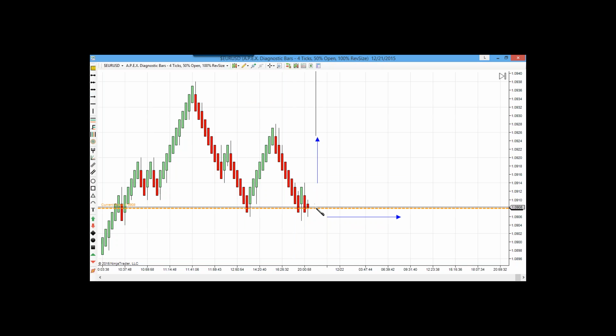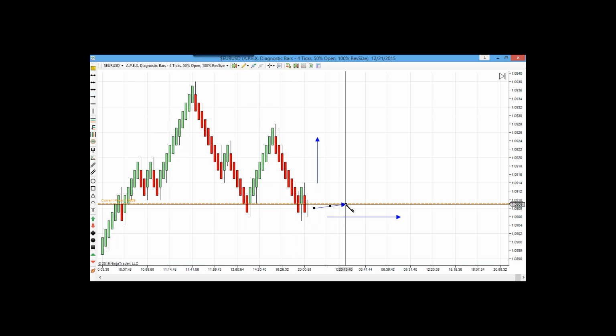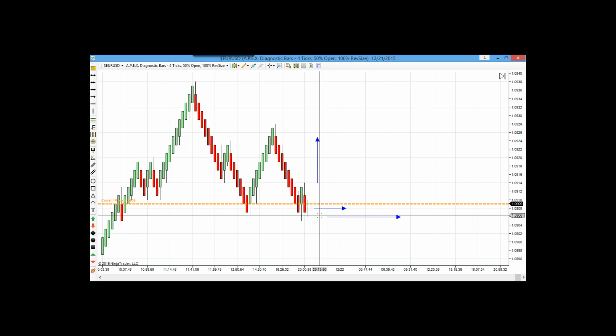Market just stays flat right where it is, and then it expires. Again, do I win or lose? I win. I still win, right? If the market comes down all the way to right here, 0906, it comes all the way down, but still is above my strike, I still win.